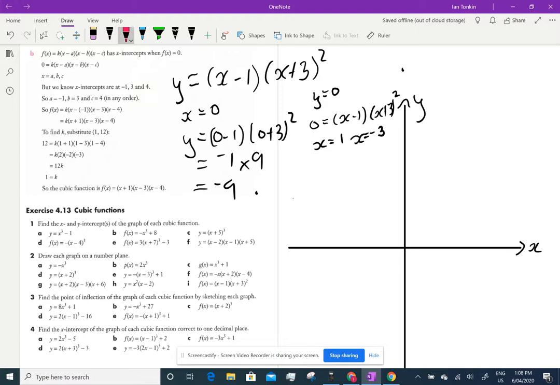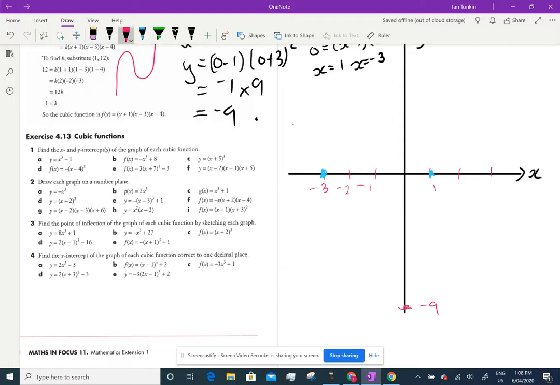Okay, so 1, so it's going through here and here, but it's got to look like that, and it goes through here.